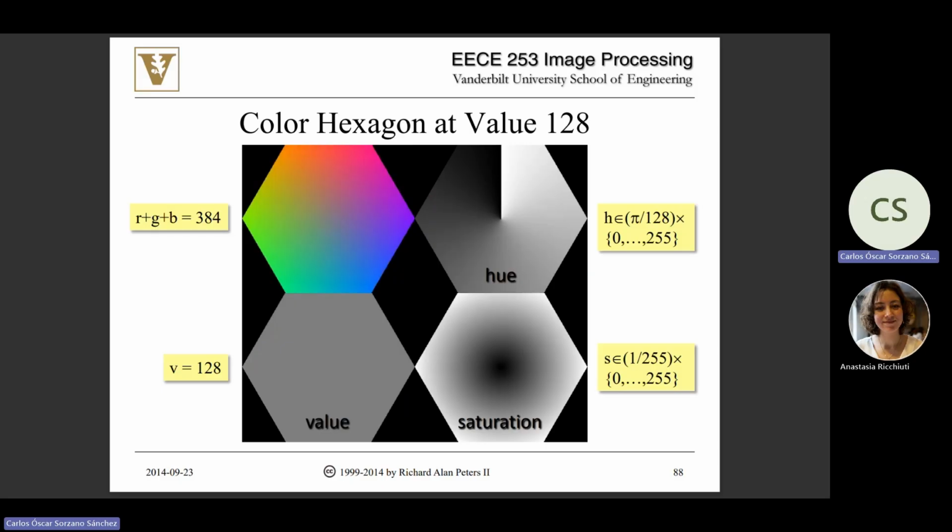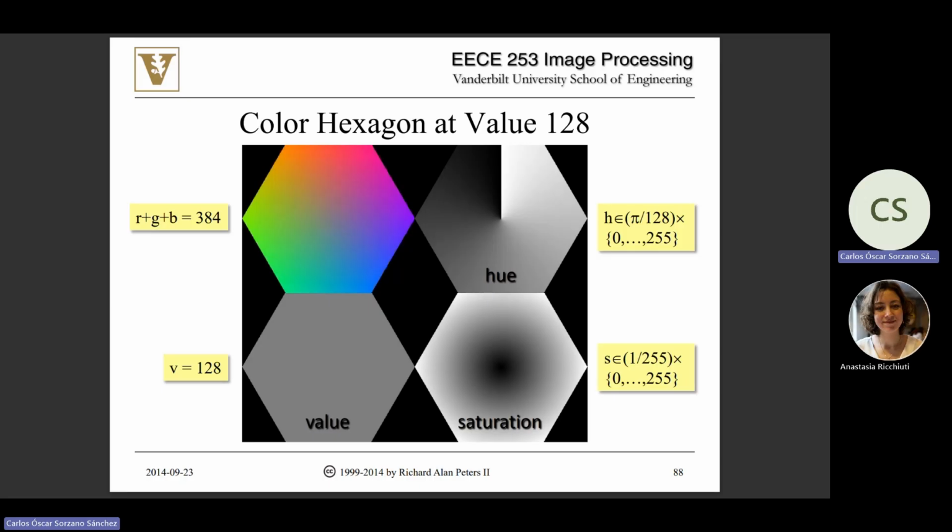Then we can turn it into hue, saturation, value. The value is the same for all these colors because they all belong to the same plane. The saturation is how far you are from the gray point. This point is gray because it is on the 1-1-1 diagonal. So these points are very saturated, and these colors here have very little saturation.